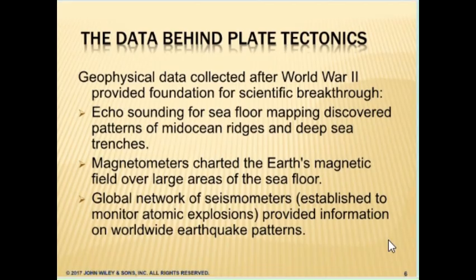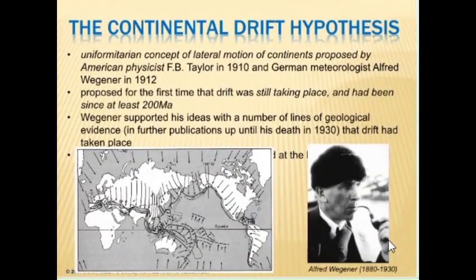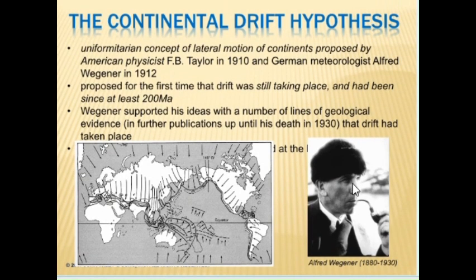Now, this is our original here. He was the first guy to propose the theory of continental drift. And then, in fact, he said for the first time that drift was still taking place and had been for the last 200 million years.